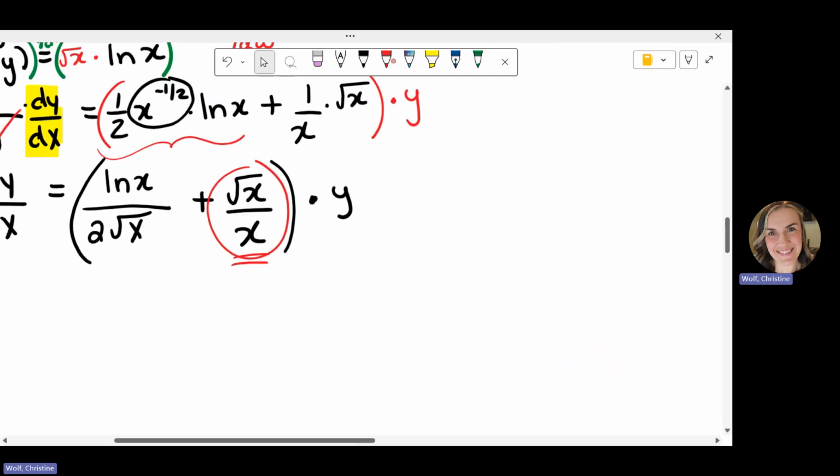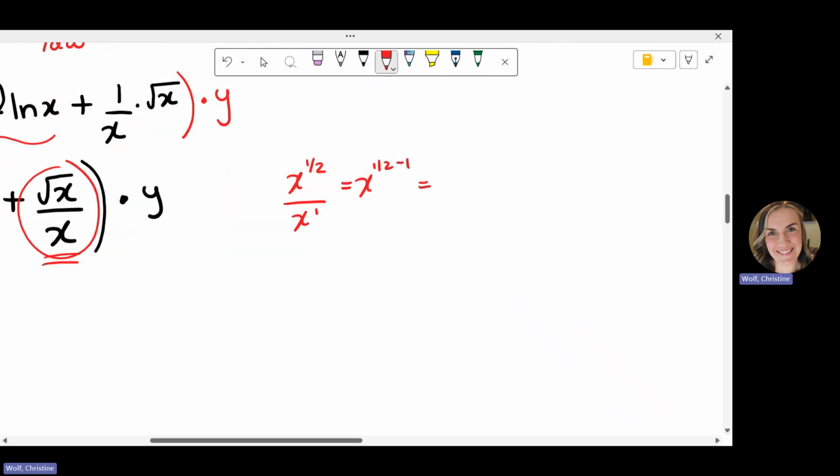Okay. So this is actually x to the 1/2 over x to the 1, right? If you subtract them, because it's a quotient, it's like that, right? Which would be x to the 1/2 minus 1, which is x to the negative 1/2, which goes back down.